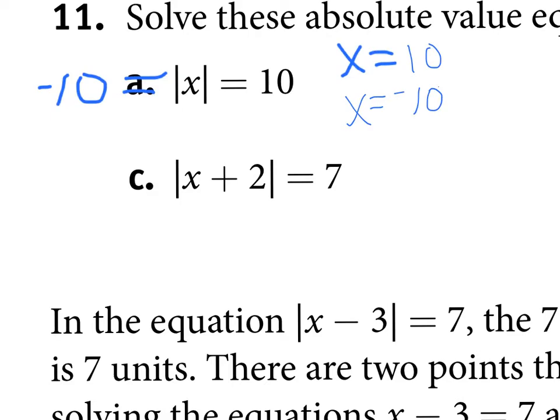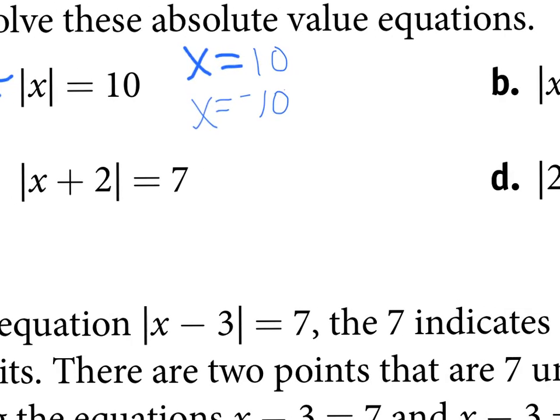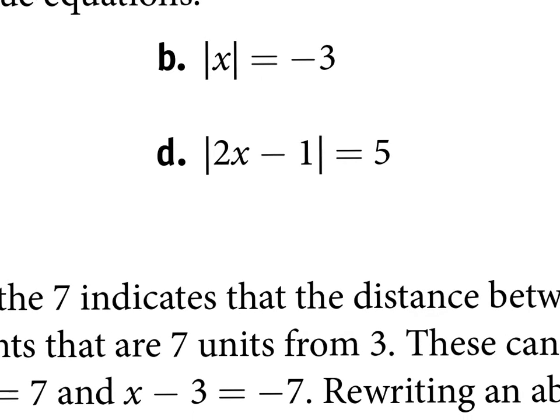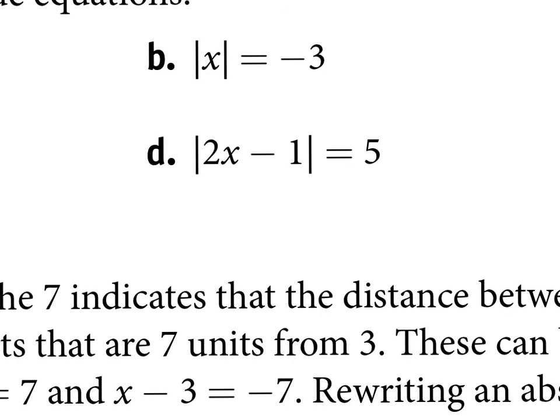Now, let's slide over and do B. B is a little bit different because it's telling you that the absolute value of x equals negative 3. That means it's saying the distance from x is negative 3. If you remember what I talked about before, we have to understand that you cannot measure distance in negative numbers.